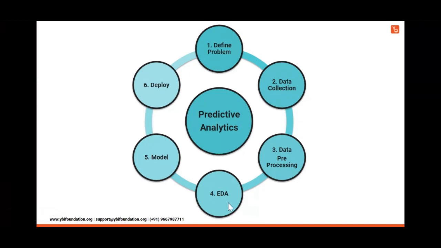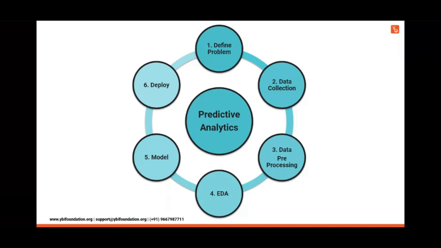Then after the EDA has been done, and we are sure about the pre-processing and the probable cause and effect, the probable relation, we look and choose the appropriate model for our problem. These models come from machine learning, deep learning, and the various other statistical models we can pick from.